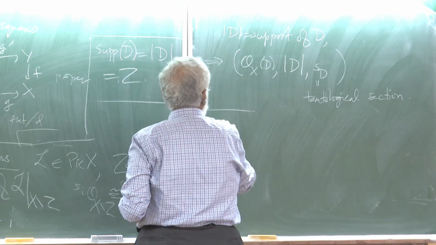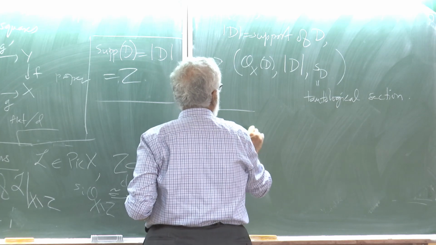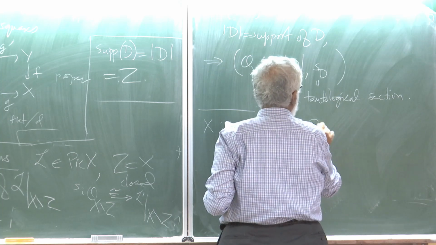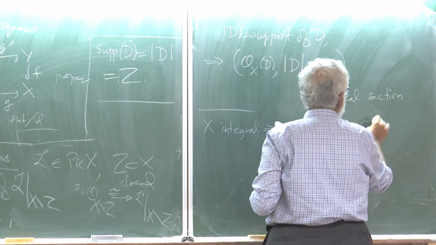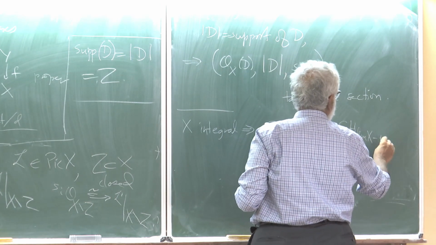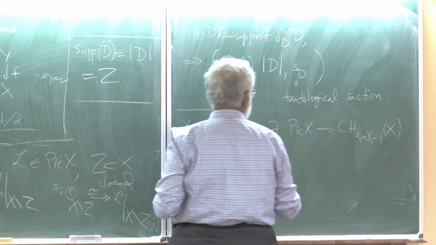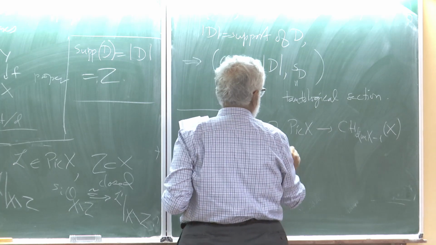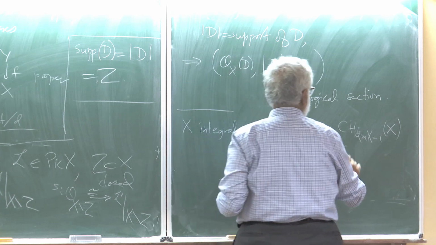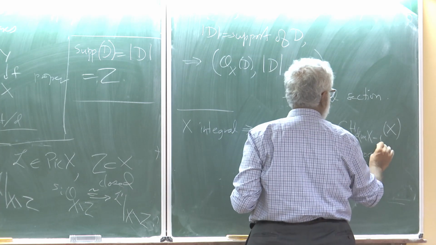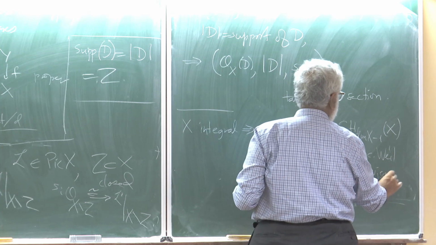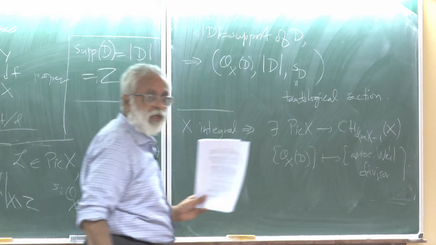Then if X is integral, there exists a natural map Pic X to Chow dimension X minus 1 of X, which sends the class of O_X(D) to the class of the associated Weil divisor.